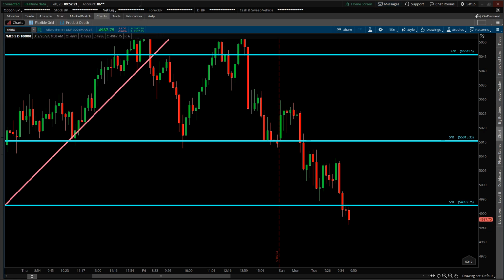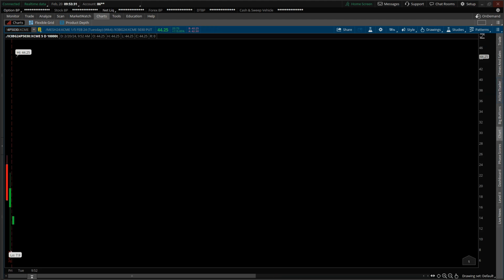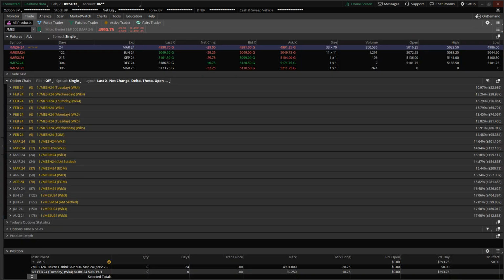So what I'll do is I'll switch over to the option chart. So this is the option chart. Net position is 0. I am out of this trade. So I'll toggle back to the trade tab. So right down here, the details, I have a 0 position.